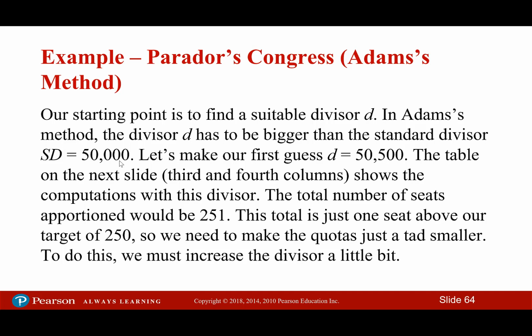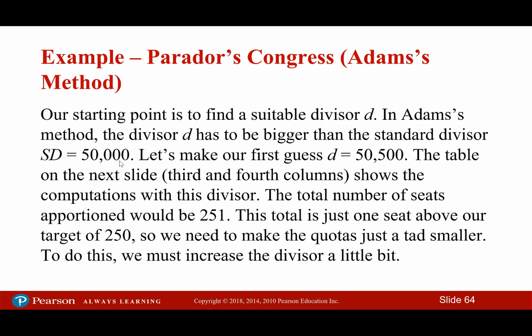If you want to flip back to the 4.3 lecture or your notes, to the Parador's Congress Jeffersonian method, we used 49,500. That was the example given.